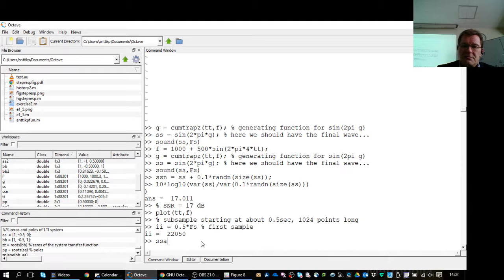SSA, like subsample, SSN starting from point ii, and then we'll just take the 1 to 1024. This is a neat trick to just take one point and then take the next 1024 points out of that.